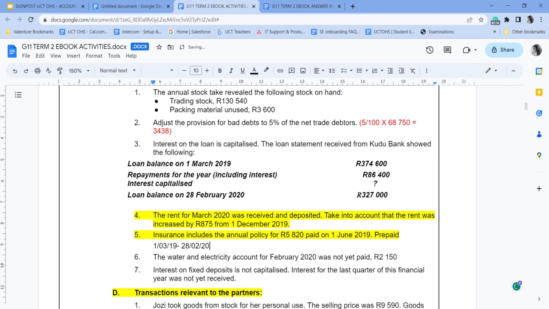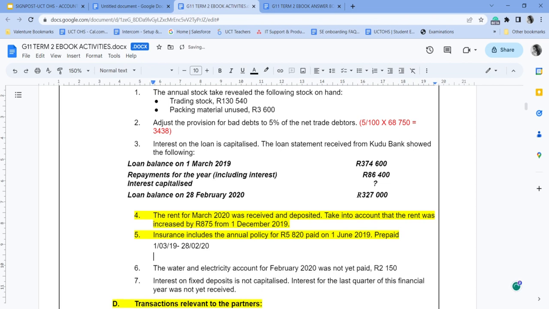That's what we know. Okay, and then this insurance policy is paid from what? It's paid from the 1st of June 2019, all the way to what? All the way to the end of this current financial year, I'm assuming. They did say that it's for a 12-month period, which means that the period overlapped into the next year.